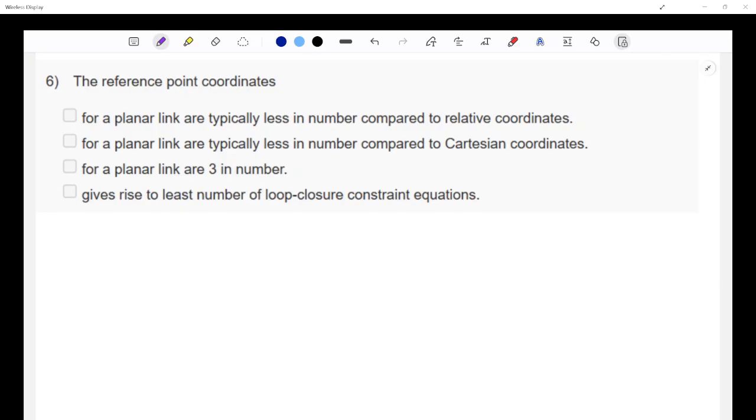So the reference point coordinates for a planar link are typically less in number compared to relative coordinates. For a planar link are typically less in number compared to Cartesian coordinates. For a planar link are 3 in number, gives rise to at least number of loop closure constraint equations. So what are the correct options?